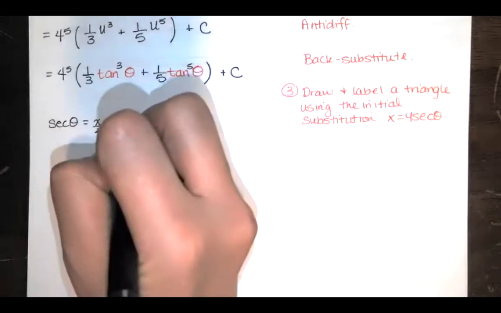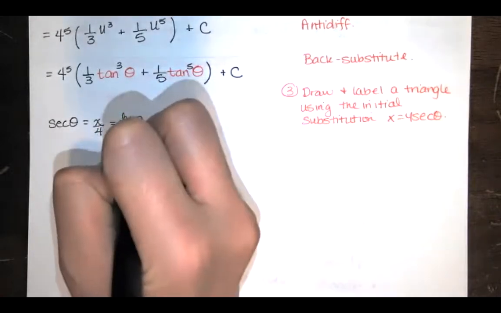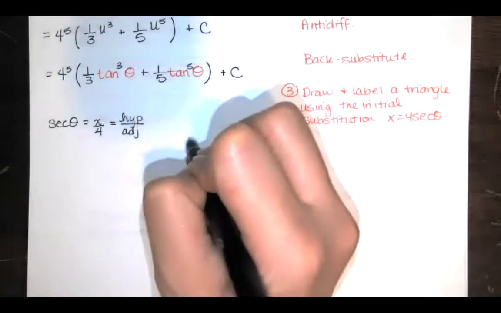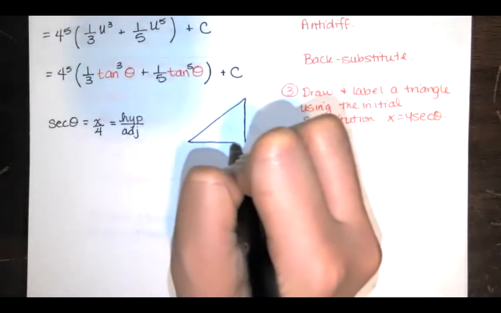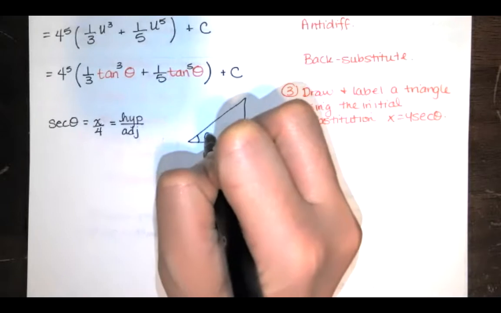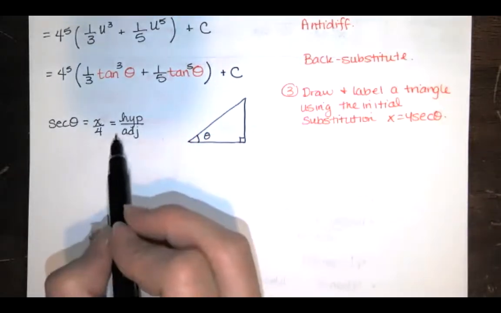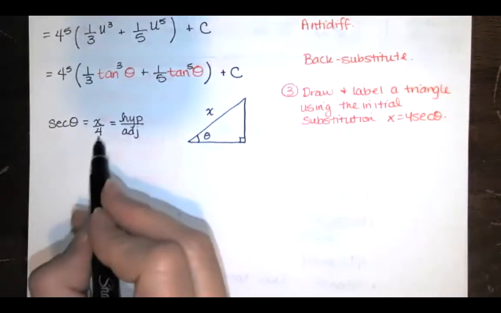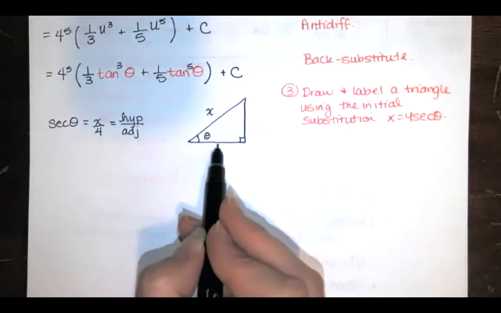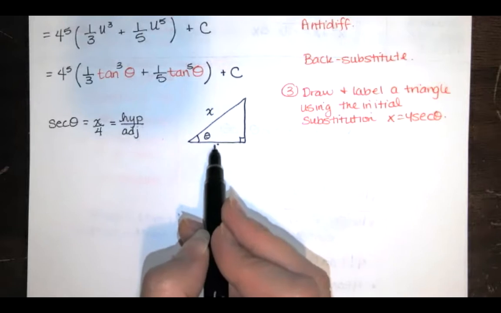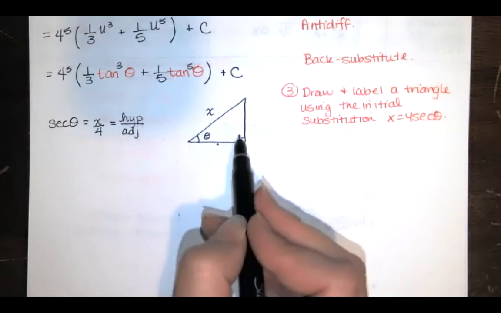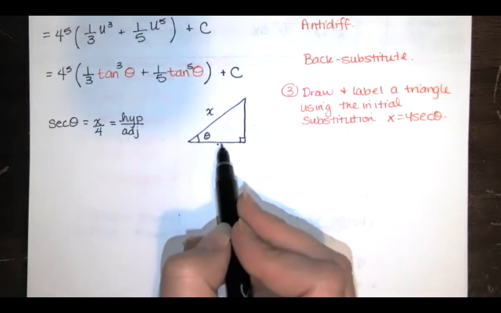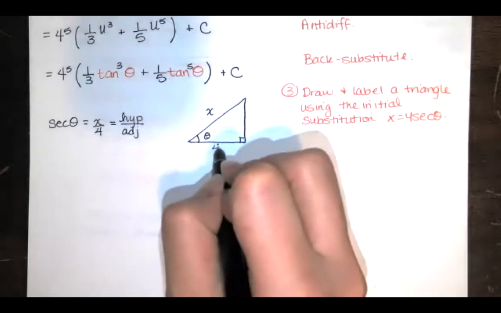Secant is hypotenuse over adjacent. So when I draw a right triangle with my angle theta here, the hypotenuse has length x when the side adjacent to theta, that's next to theta, but not across from the 90-degree angle, that adjacent side has to be equal to 4.